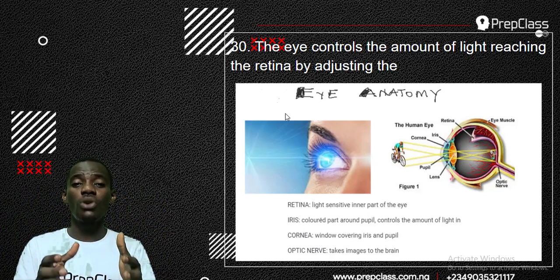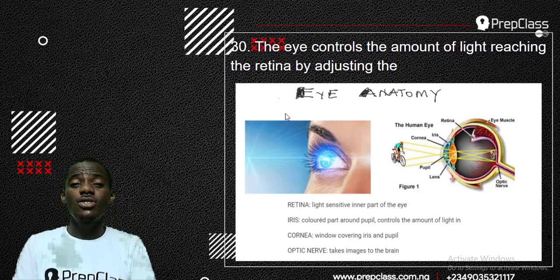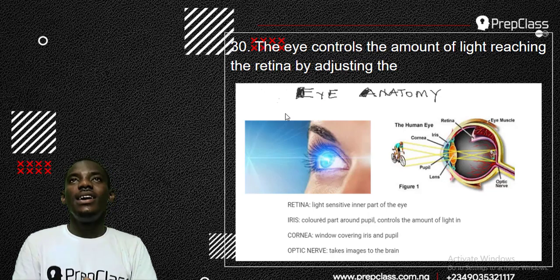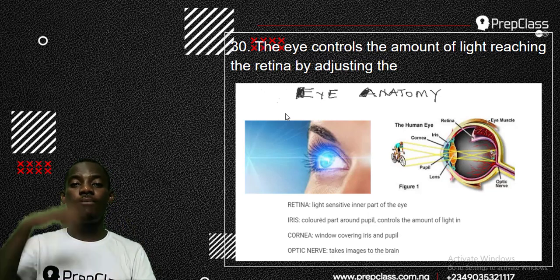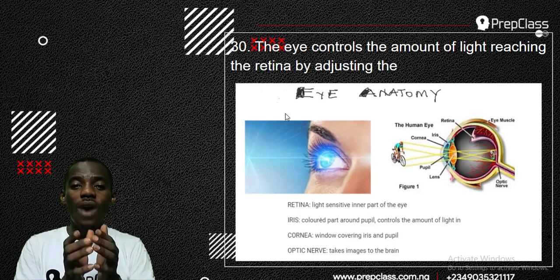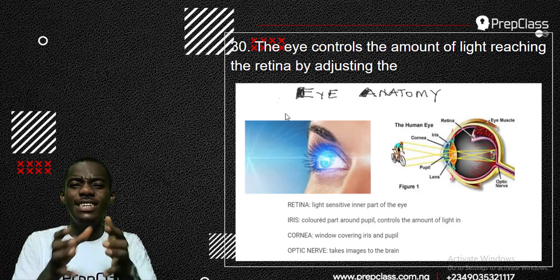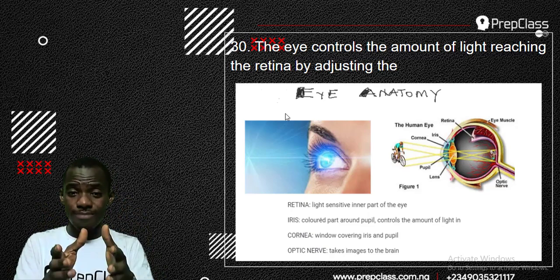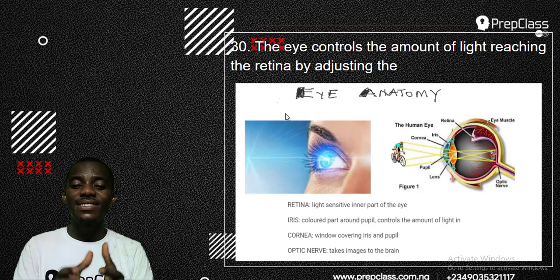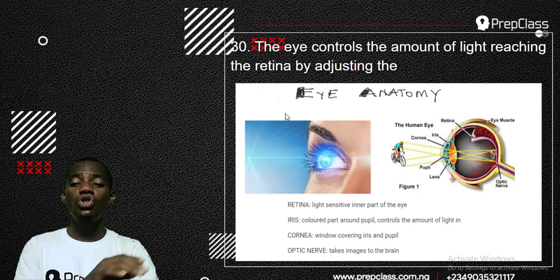When the light is too much, the iris contracts in order to accommodate the light so that you can see. What I mean is that if you are in a dark room and they put on the light suddenly, boom, the first thing that will happen to your eyes is that you will squeeze your eyes. That means the iris will contract in order to adjust to the bright light so that you can see. So the function of the iris is to control the amount of light that enters the eye. Full stop. So the answer is iris.